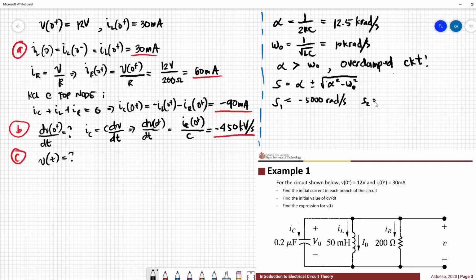Then S2 equivalent to negative 20,000 rad per second. So our expression for V of t is equal to A1 e to the negative 5k t plus A2 e to the negative 20k t volts.